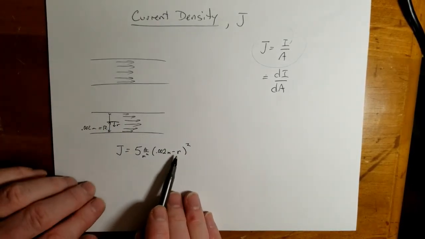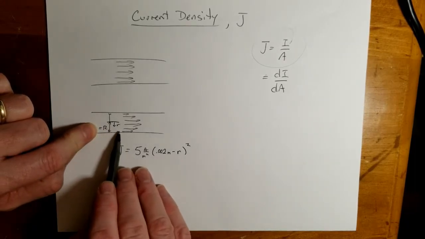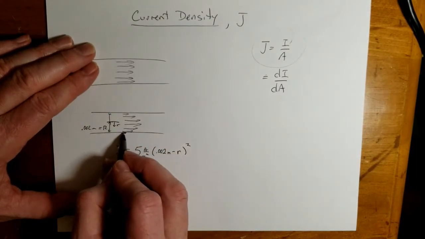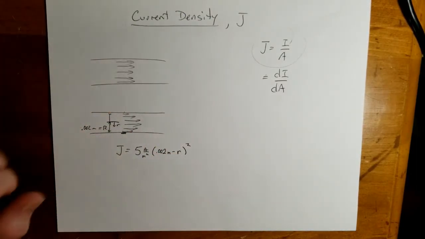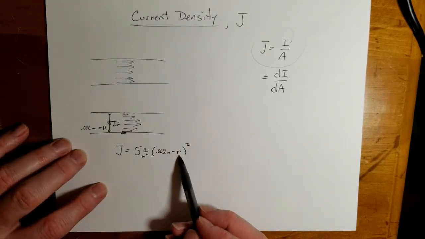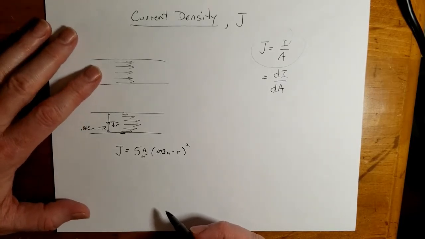When little r is equal to big R, then my current density is 0. In other words, there is no current flowing right on the edges, and the current flow is the greatest when r is equal to 0, and then we'd have 5 times 0.002 squared. That would be the current density.